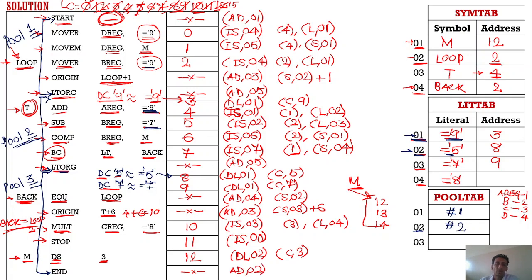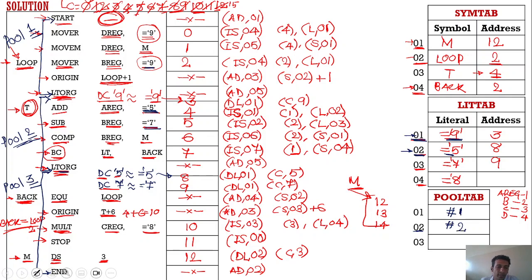Okay, now what about the literal 8? We have not yet assigned memory to this literal. So always remember, memory to the literals is assigned either after an LTORG statement or after the end statement. Okay, so over here we have end statement.